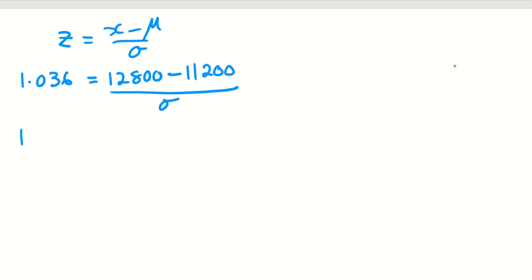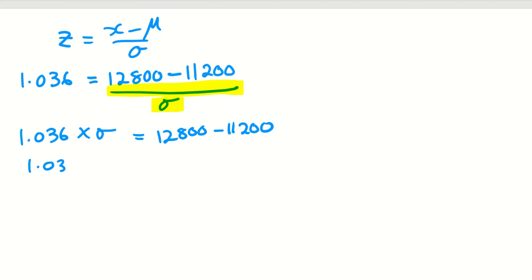So, rearranging 1.036, the first thing I'm going to do is move the division by standard deviation to the other side, and it becomes 1.036 times the standard deviation is 12,800 minus 11,200. Simplifying the right hand side, that gives a difference of 1,600.